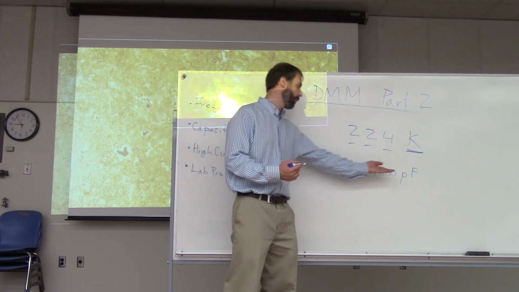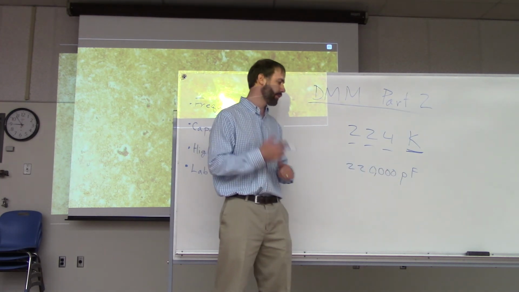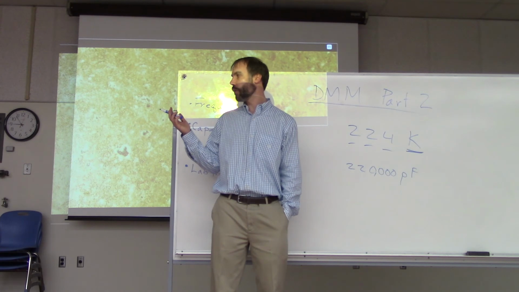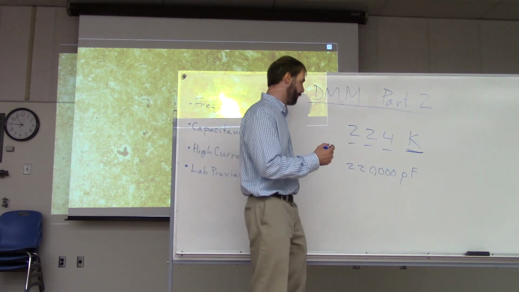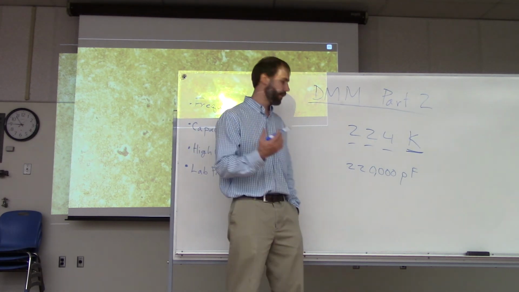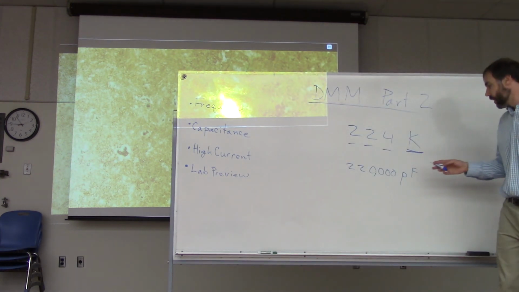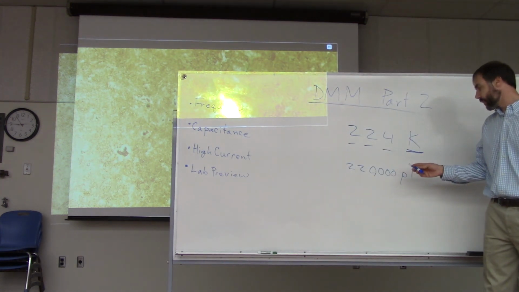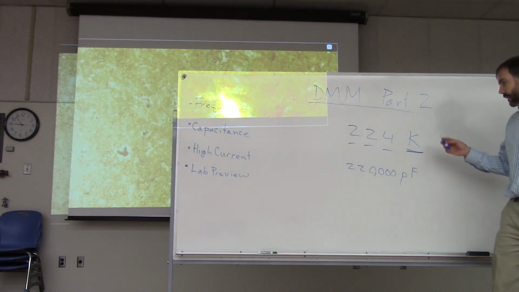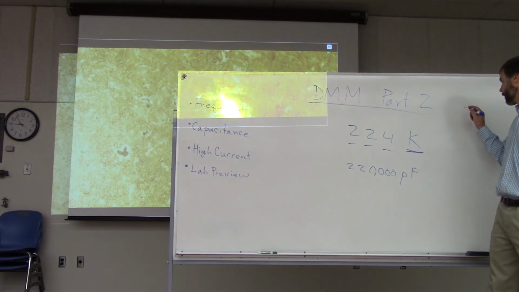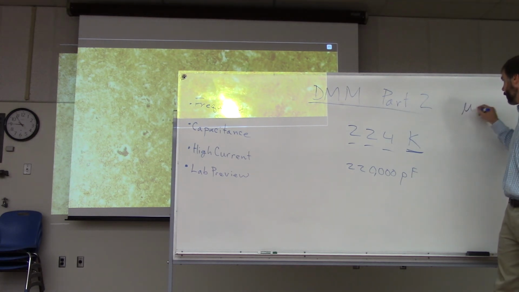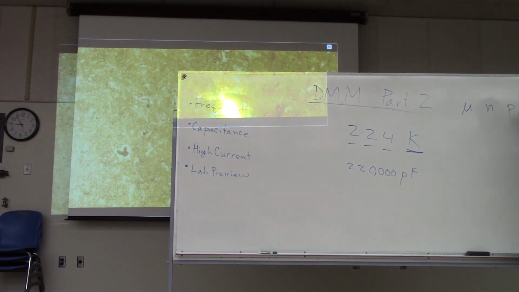So if we wanted to convert this into microfarads like we see on our meter, we have to move the decimal point over, right? Micro is 10 to the minus 6th, nano is 10 to the minus 9th, and pico is 10 to the minus 12th.